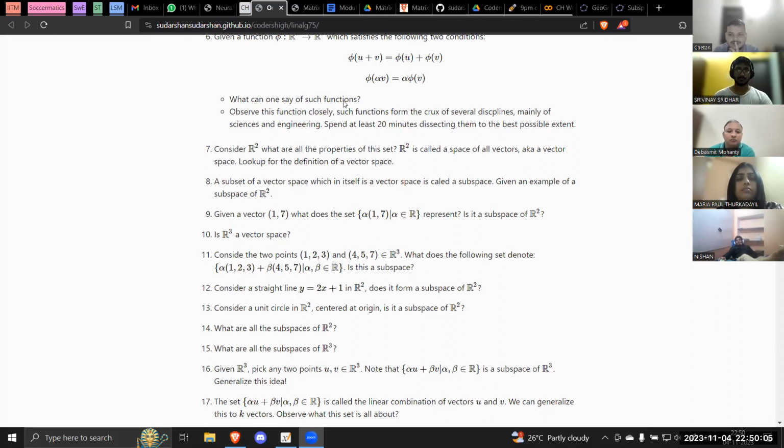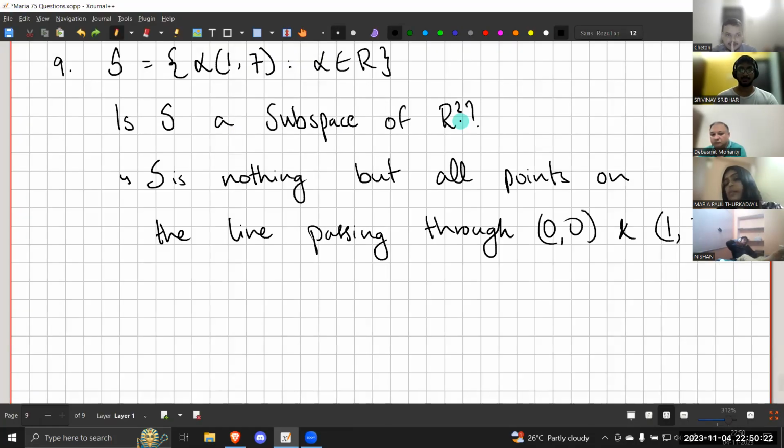Ravi says yes. Ravi, you'll have to elaborate more. Yes, we can have vectors in R3 as well. But is R3 a vector space? Just because a set has some vectors in it does not satisfy the condition for a vector space, right?